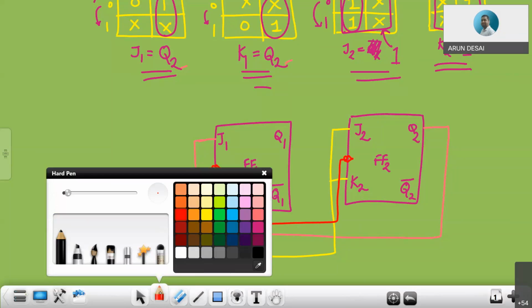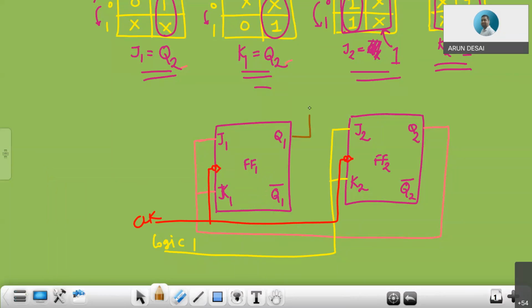Now where is the output, right? So this is output Q1 and this is output Q2. This is how you need to draw a 2-bit synchronous counter based on all those steps, right?